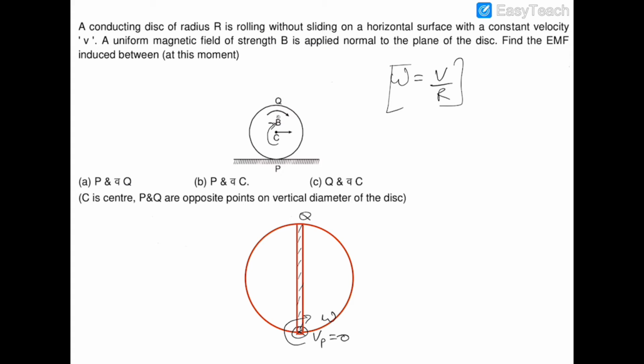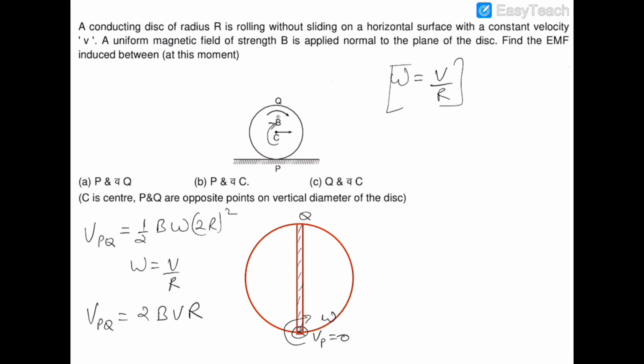This is point Q. So the EMF induced between Q and P, V_PQ, will be equal to half B omega L squared, where the length of this rod will be 2r and omega will be equal to V by r. So V_PQ will be equal to 2BVr. We have replaced omega by V upon r, and the 4 cancels with the 2, and the remaining is 2.